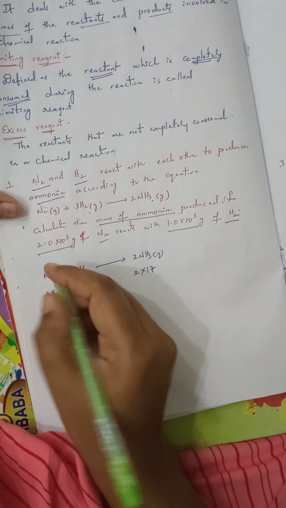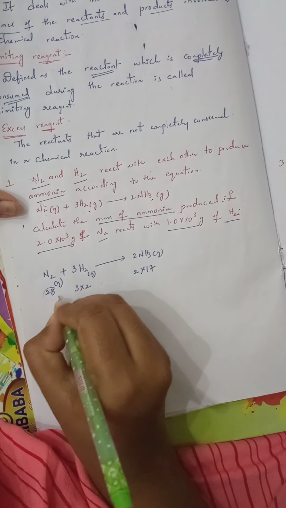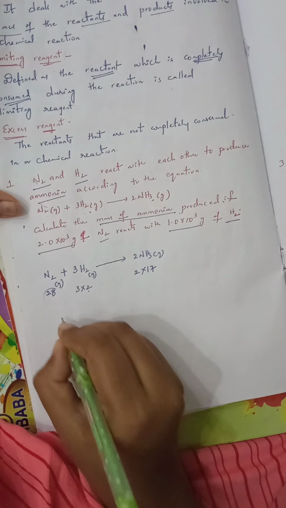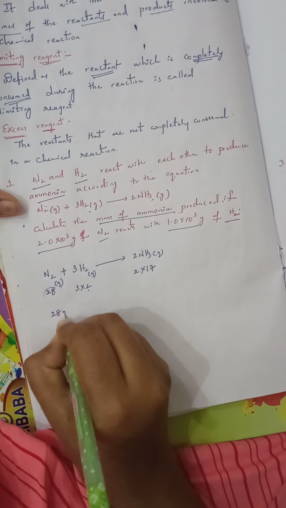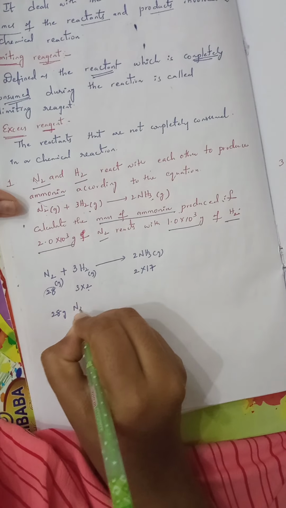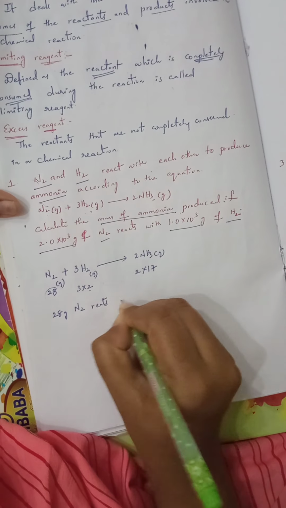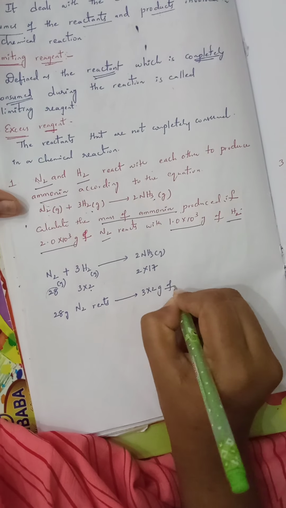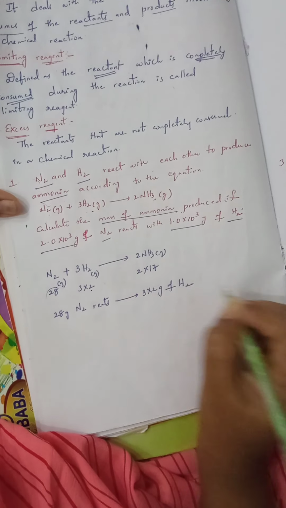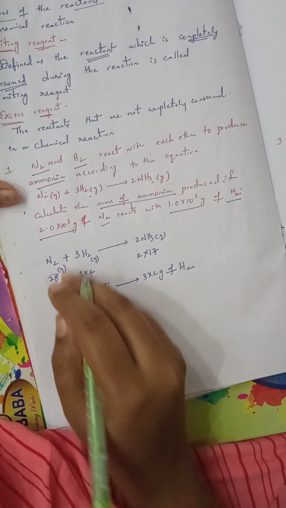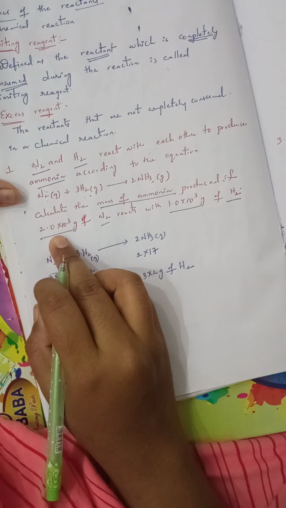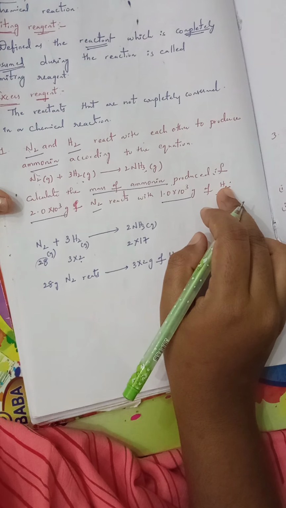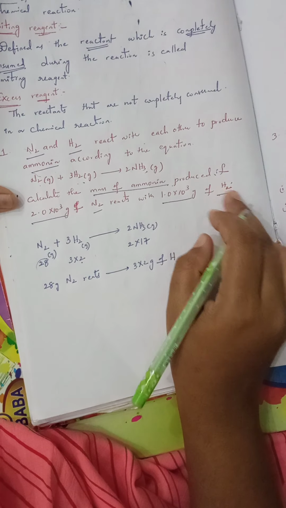Okay, now 28 grams of N2 reacts with 3 × 2 grams of H2. First write down this. Then this much nitrogen can react with how much H2? Because first we want to know what is the limiting reagent and what is the excess reagent.